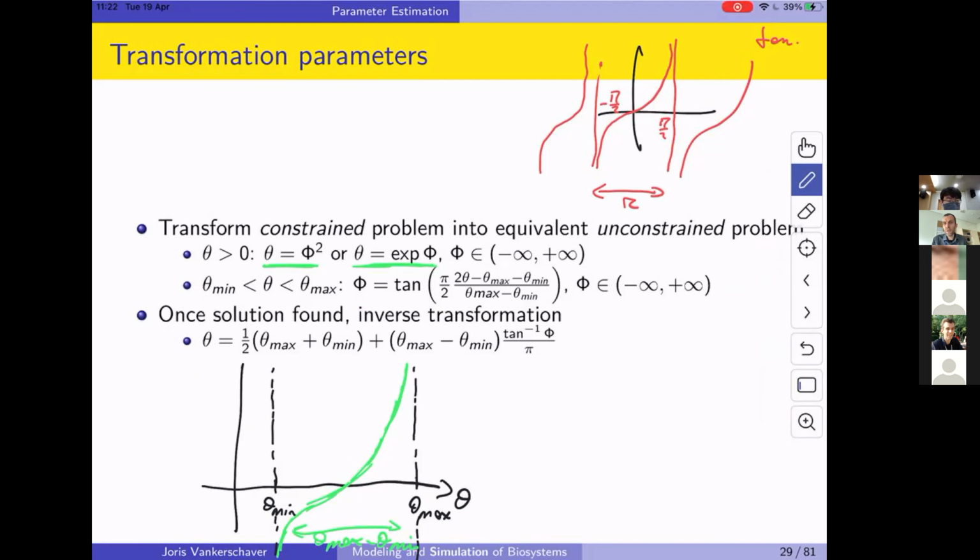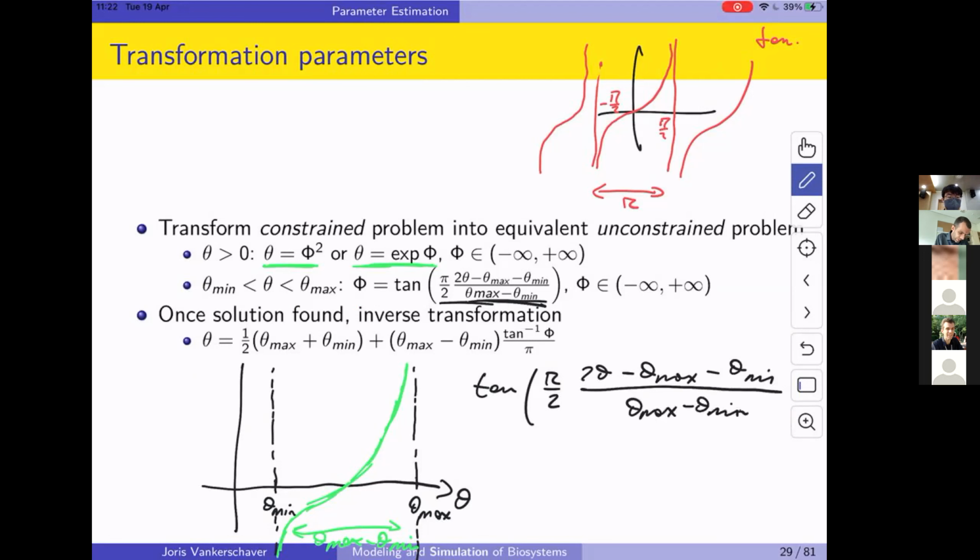If you think a little about how to do that, you'll probably come up with the prescription given here. We end up with the tangent of pi over 2 times 2 theta minus theta max minus theta min, divided by theta max minus theta min.